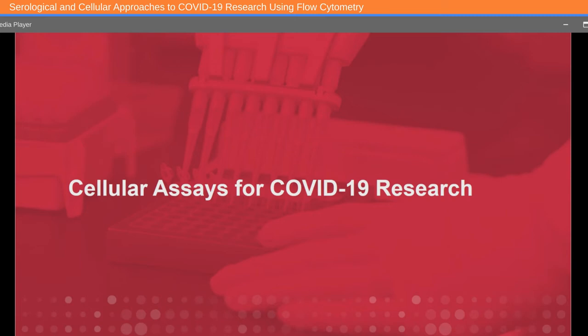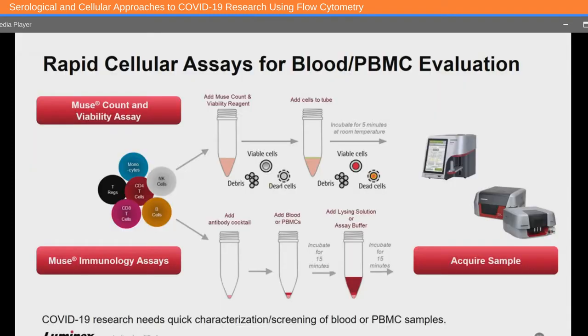I would like to next take a few minutes and switch to discussing how flow cytometry can provide answers relevant to COVID-19 research for cellular questions. As we discussed earlier, COVID-19 research can often require quick screening of blood and PBMC samples to obtain characterization and enumeration of subpopulations.